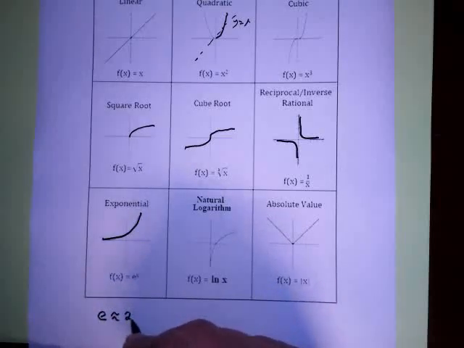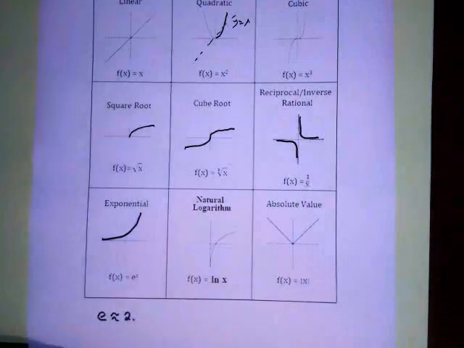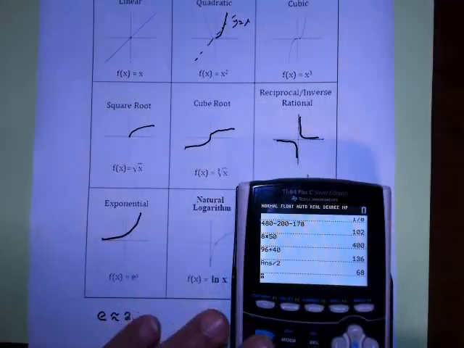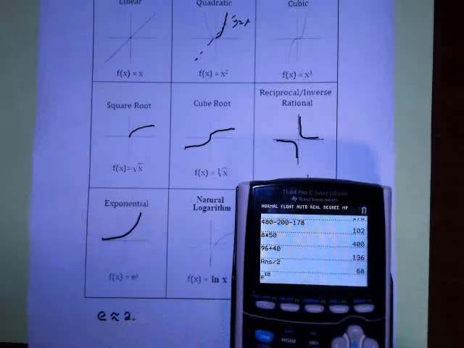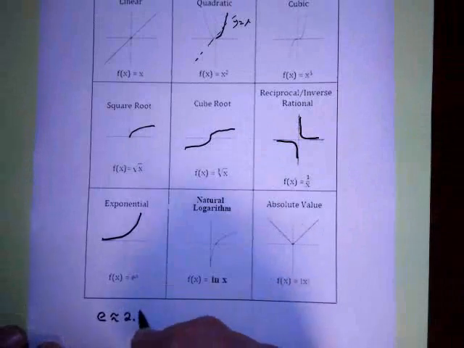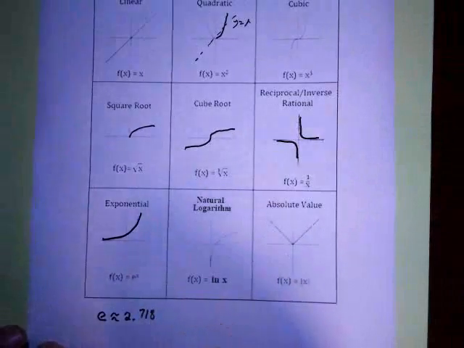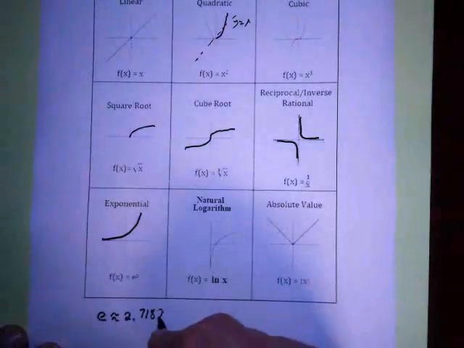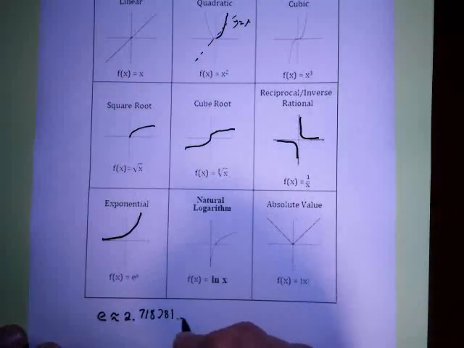It's like 2 point, I don't remember, 2.8. Well, here, I got my calculator with me. So, e is like 2.718281, and it keeps going.